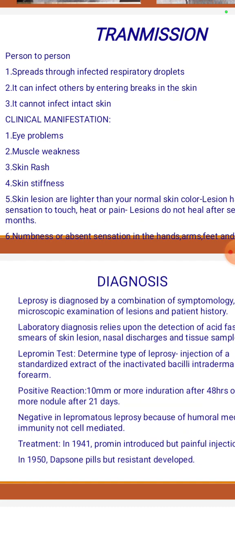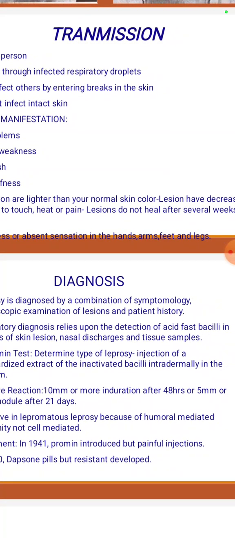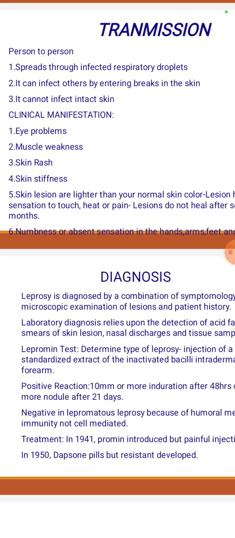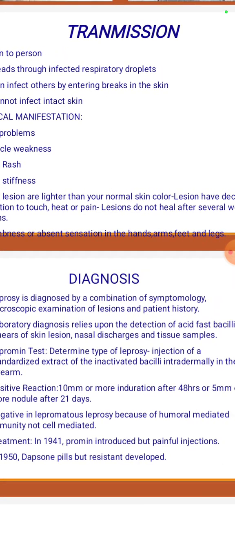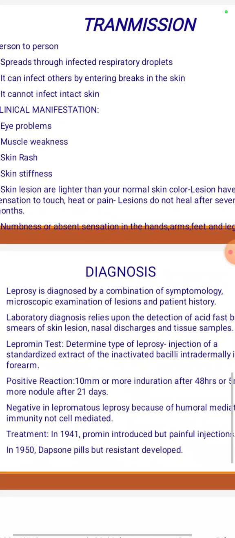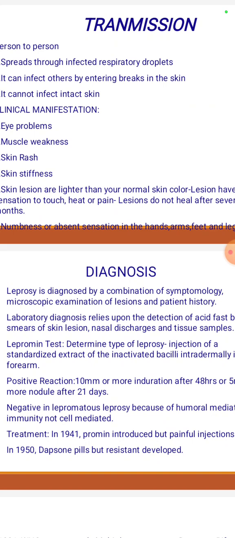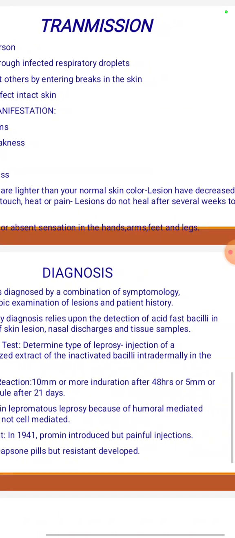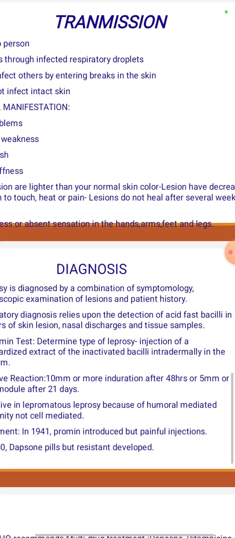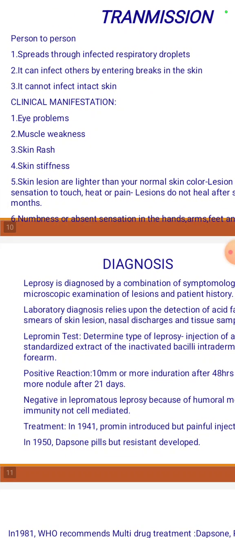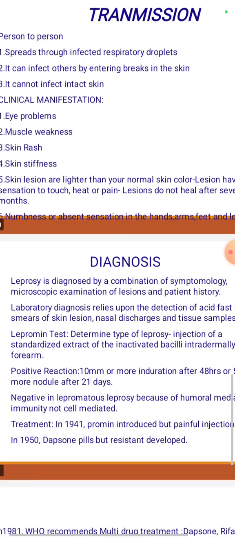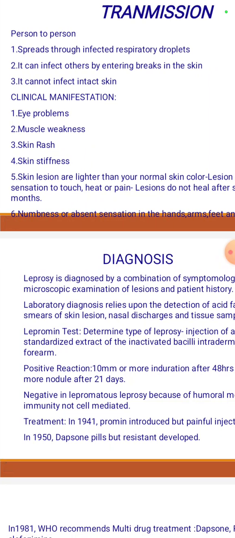It determines the type of leprosy. A standardized extract of the inactivated bacilli is injected intradermally in the forearm. Positive reaction is induration of 10 mm or more after 48 hours or a nodule of 5 mm or more after 21 days. Negative reaction occurs in lepromatous leprosy because humoral immunity, not cell-mediated immunity, occurs.